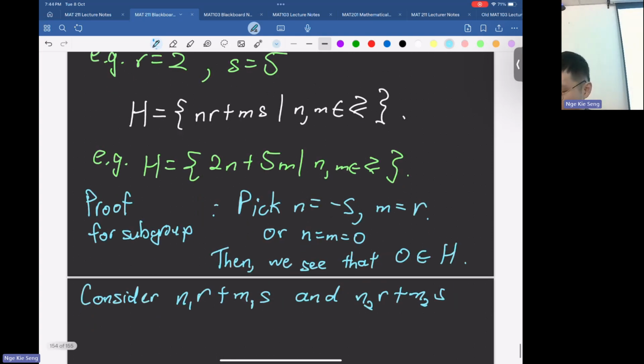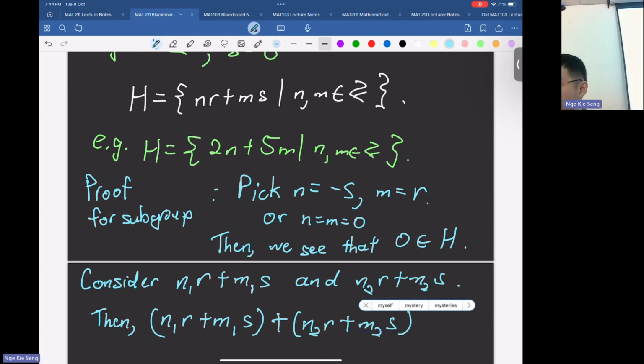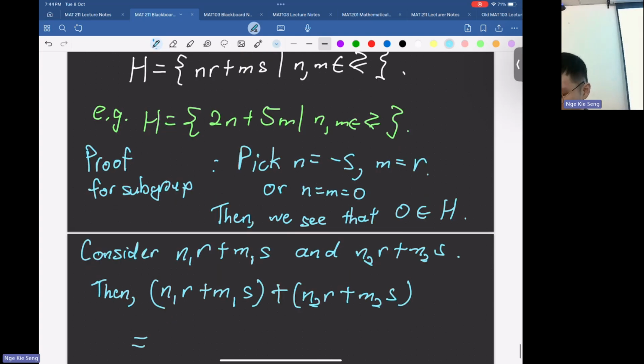You need to add them together. Is it still a linear combination of r and x or not? Because you can commute, and then you can do distributivity. In the end, you will get n1 plus n2 times r plus m1 plus m2 times x.